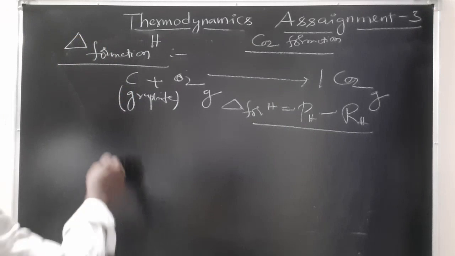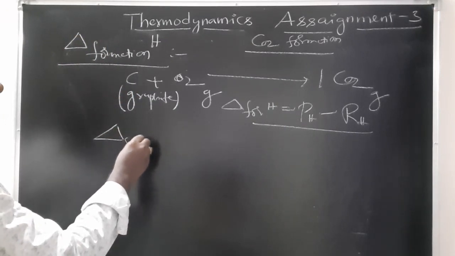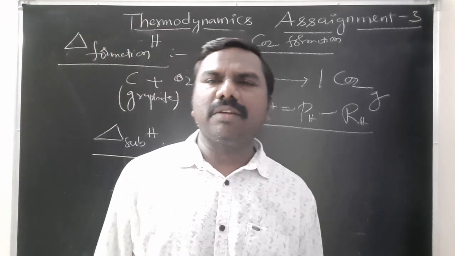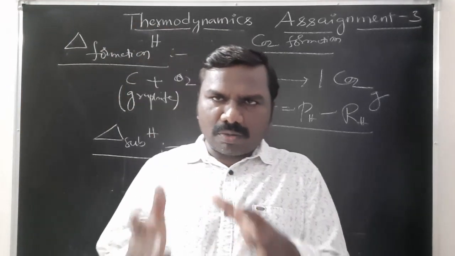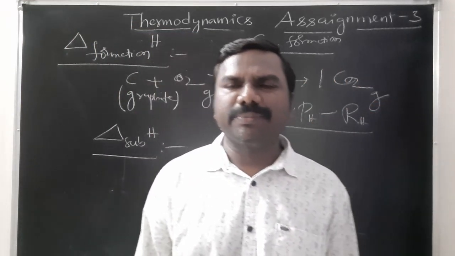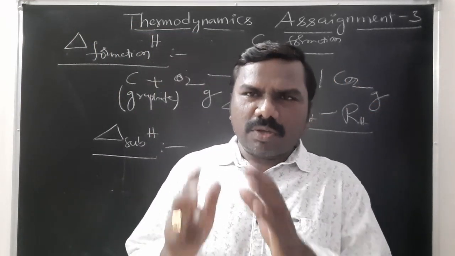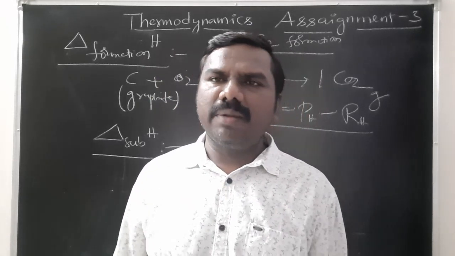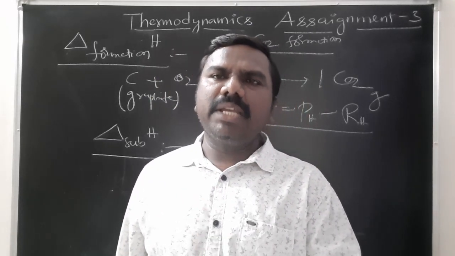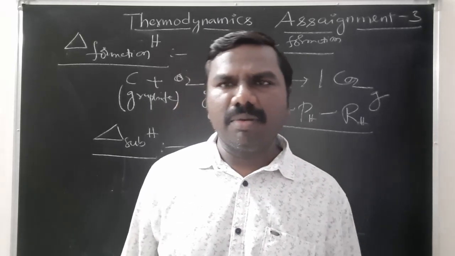Next one, enthalpy of sublimation. Sublimation means the amount of heat required to convert the solid into 1 mole of gas, called enthalpy of sublimation. So first the solid goes into liquid, that is called melting. Next the liquid is converted into gas, that is called boiling.